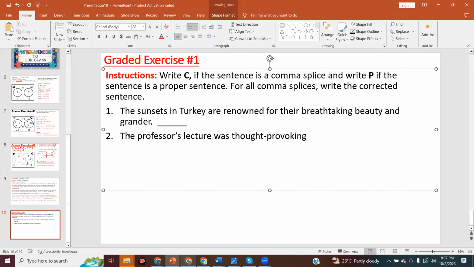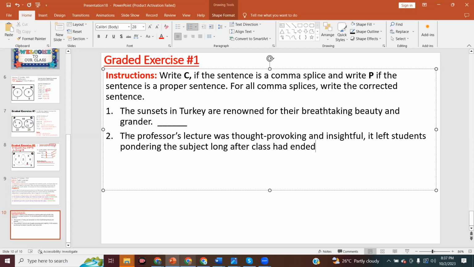Number 2. The professor's lecture was thought-provoking and insightful. It left students pondering the subject long after class had ended. Number 3.